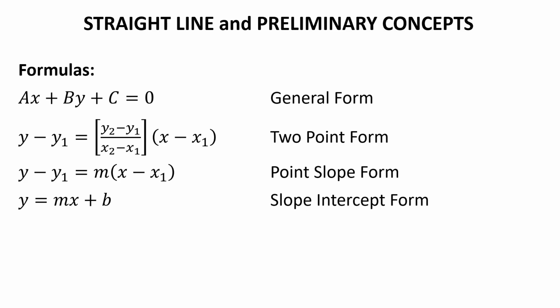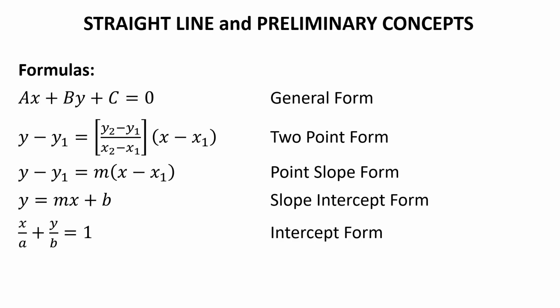But of course, we also have the slope-intercept form, and we read it as y = mx + b. And also, we have the intercept form, written as x/a + y/b = 1. a is the x-intercept, while b we call the y-intercept.